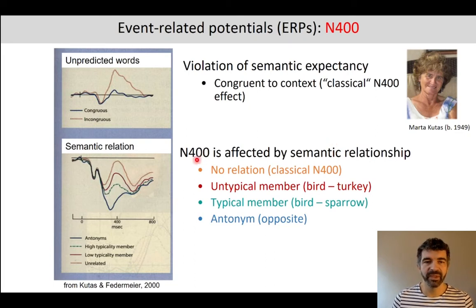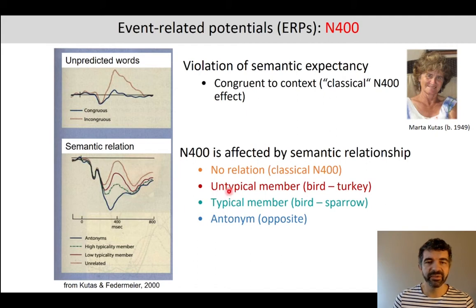The N400 is also affected by the semantic relationship. So imagine you have a sentence, and the last word of that sentence is, given the context, likely going to be a bird. Then, if a typical member of the bird category, in this case a sparrow, comes, then you can take this as some kind of standard condition.